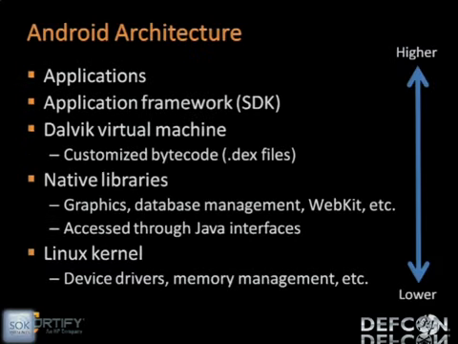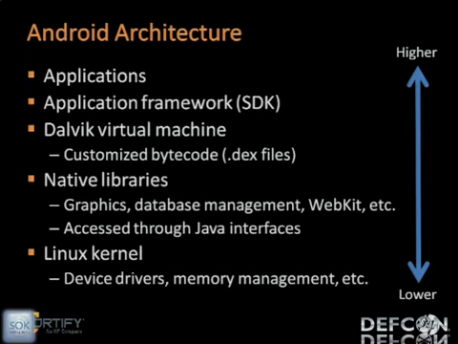So Android is built on top of Linux kernel. So basically it provides things like device drivers and memory management. On top of the kernel, we have some native libraries written in C and C++, and they provide things like graphics and database management and browser engine WebKit, for example. These can be accessed via Java interfaces.